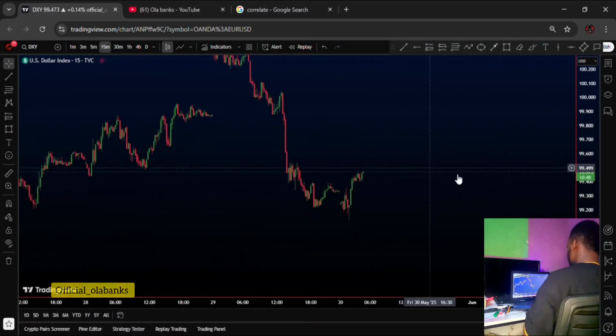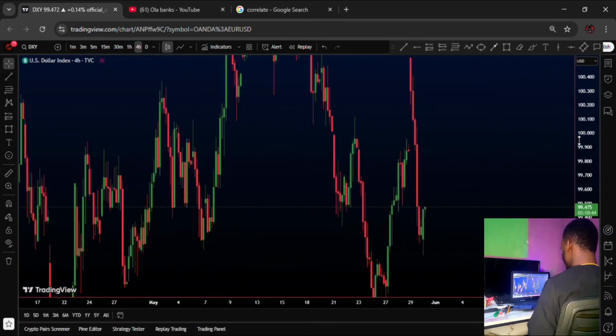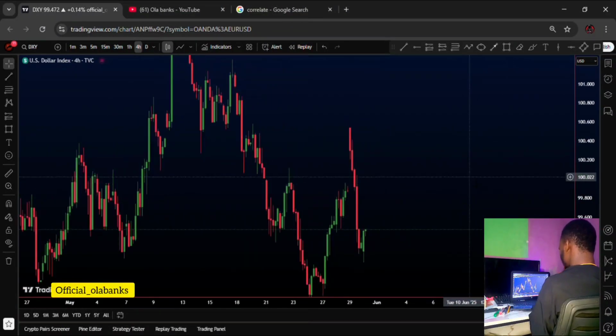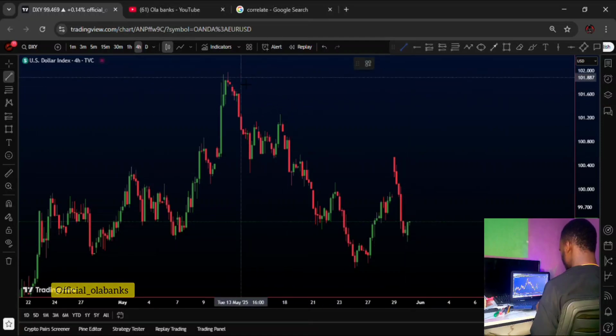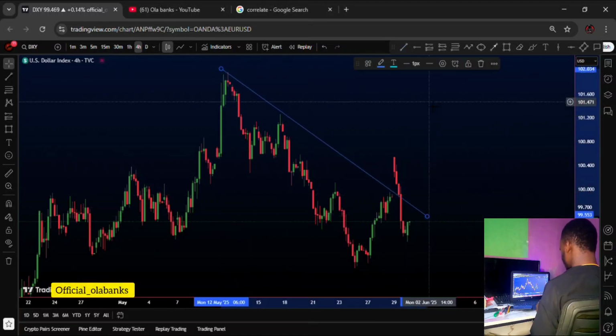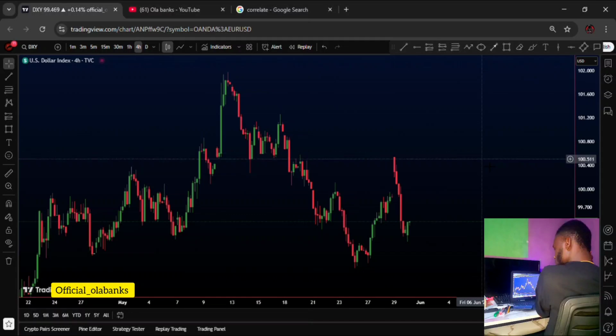This is what I saw in the dollar index, I guess it was yesterday. Very simple. Let me just use this place alone, from here to here. Let me make it bold. From here to here, you see that the price has been going downward, meaning the price is bearish.